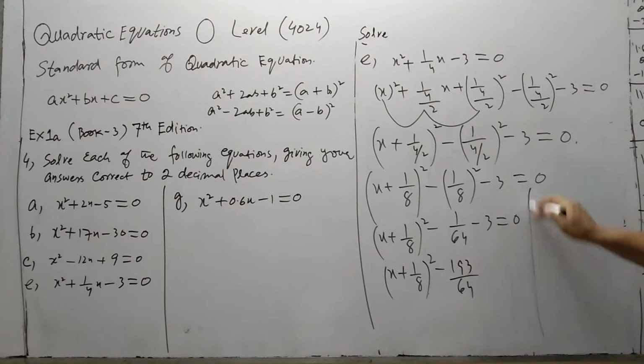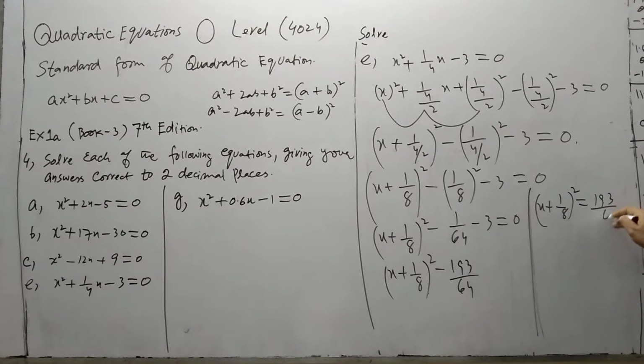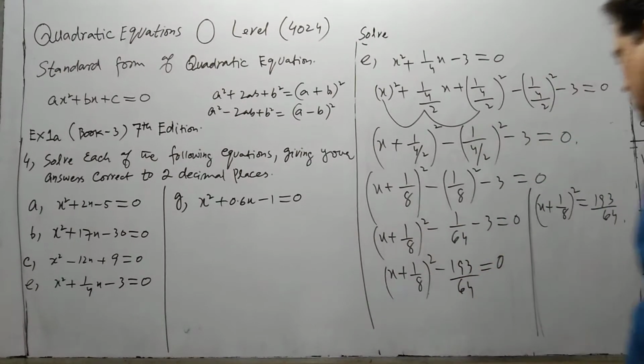The final step is (x + 1/8)² = 193/64. This is minus, this should be plus when you move it to the other side.